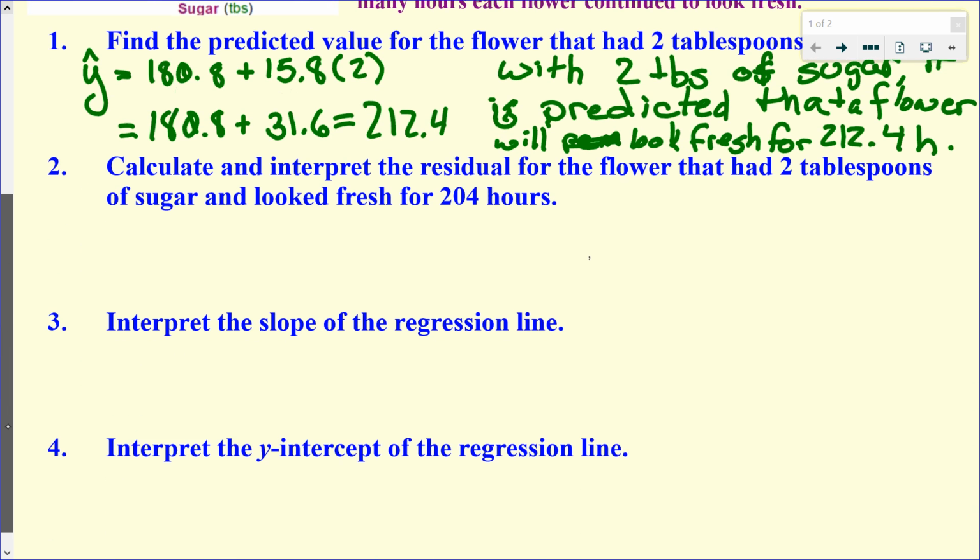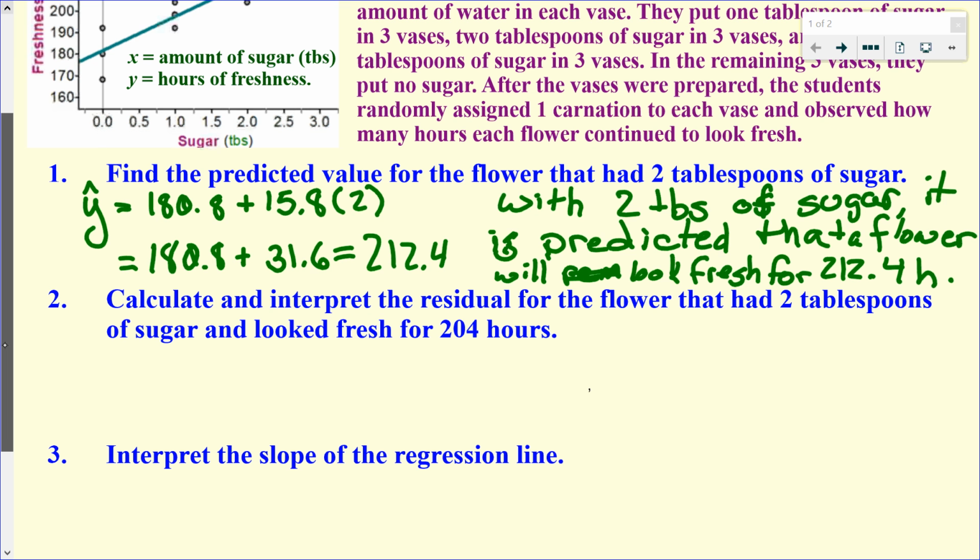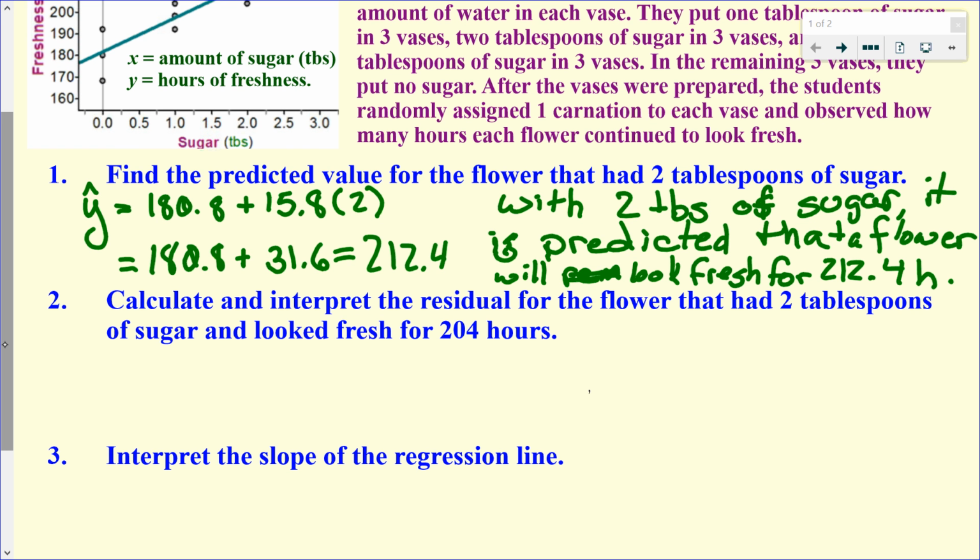Okay, so we're going to calculate and interpret, looking at the second question, the residual for the flower that got 2 tablespoons of sugar and looked fresh for 204 hours. So we know from exercise 1 that y hat was 212.4, and we know that y actual, y, was 204.